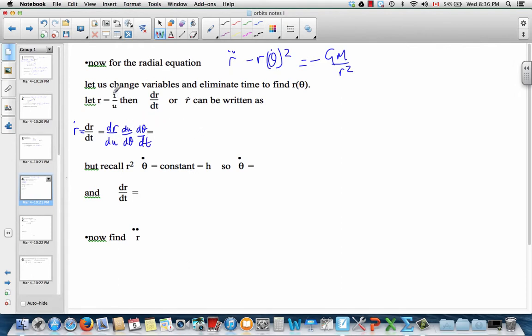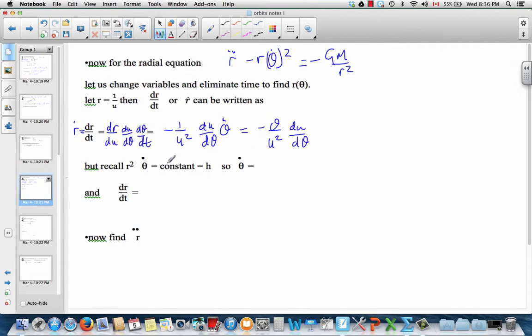And dr du, if I differentiate that with respect to u, that's minus 1 over u squared. Du d theta I'll just leave. And then d theta dt is theta dot. So that is minus theta dot over u squared du d theta.